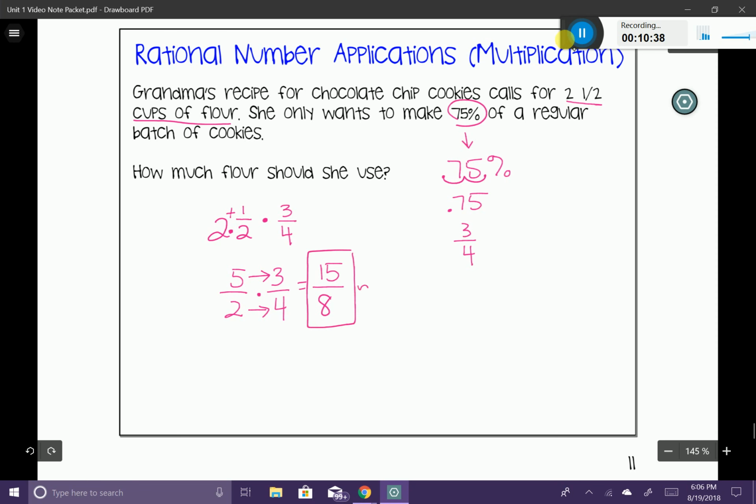But if we want to write this as a decimal, we're just going to divide them. And it's approximately 1.875. So what does that mean? Well, how much flour should you use? So we should use about 1.875 cups, or 15/8 of a cup.